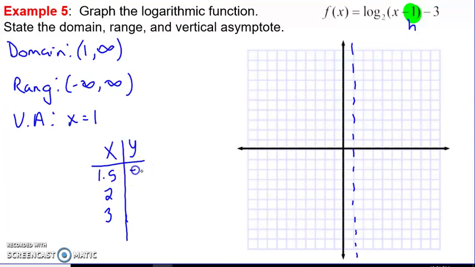So I find out that I have -4, -3, and -2. So when plotting this graph, at x is 1.5, I go down 1, 2, 3, 4, and then at 2, I'm at -3, and then at 3, I'm at -2. So it tells me that my graph does something like this. Now you have everything listed.